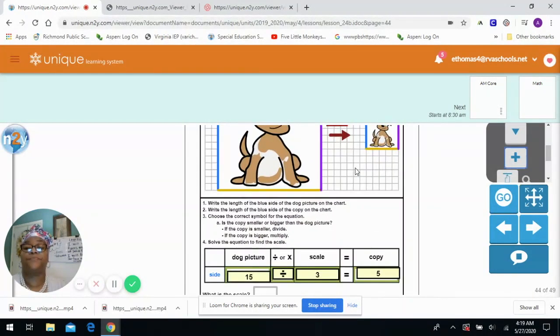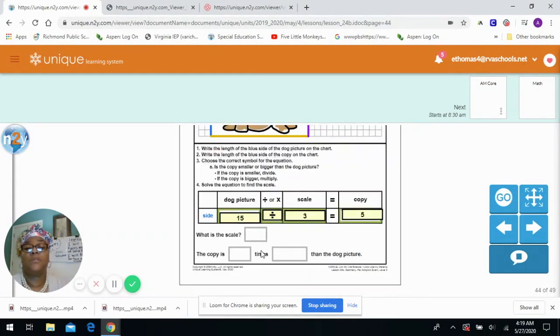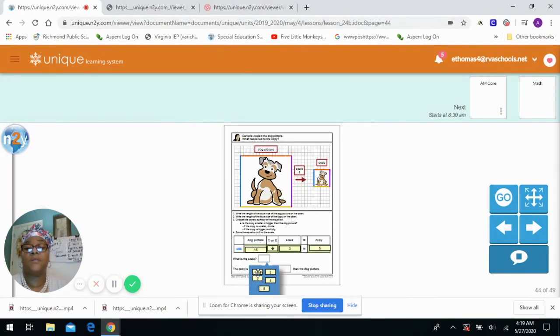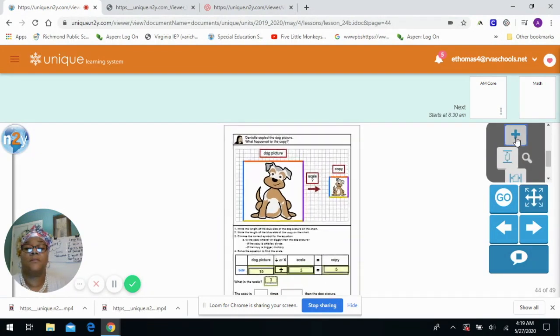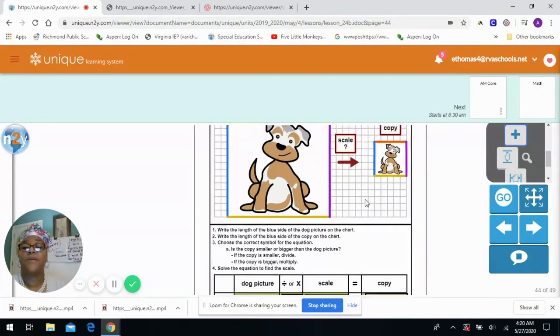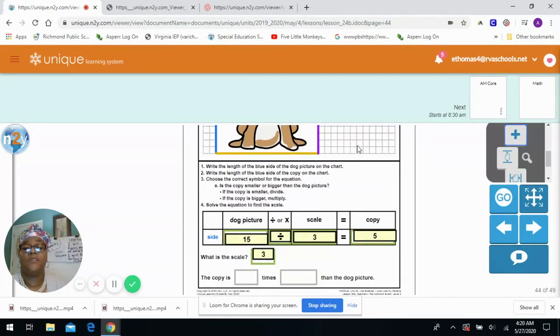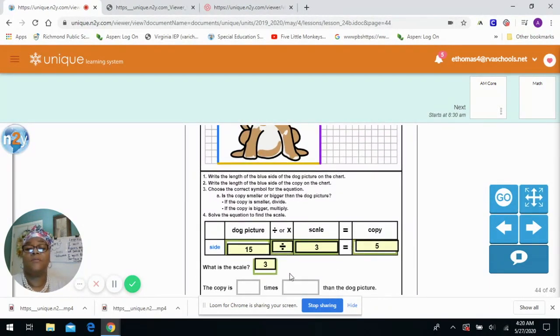All righty. Let me see if we can get it bigger so I can see what I'm doing. Okay, now it says, so what is the scale? The scale is 3, and the copy is what?